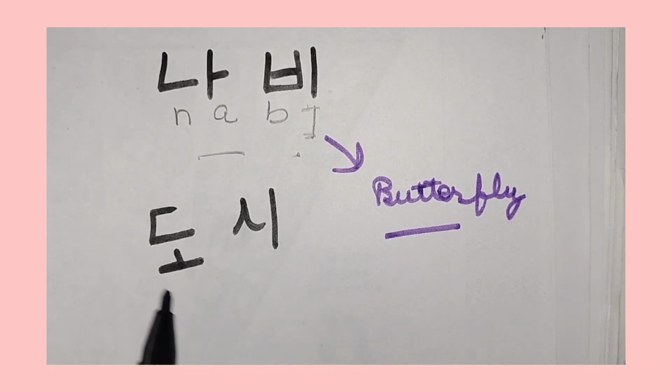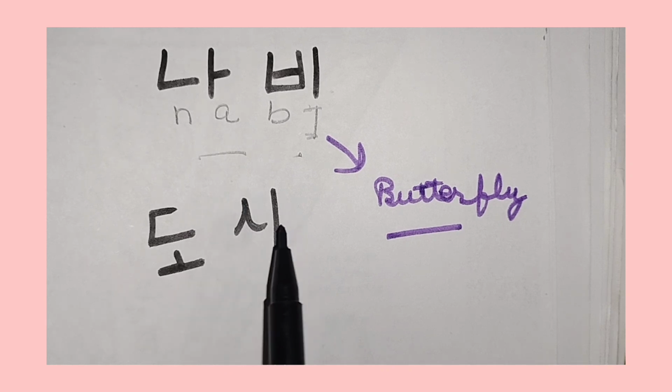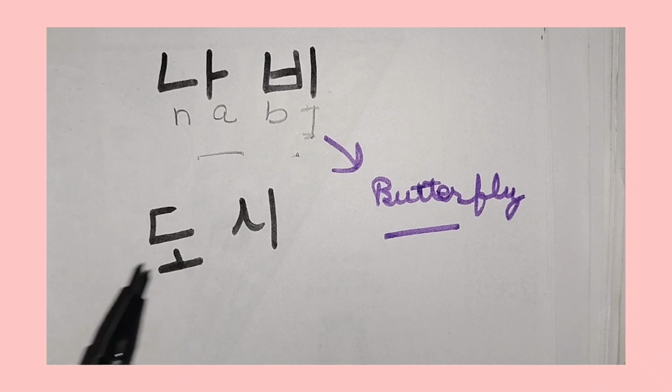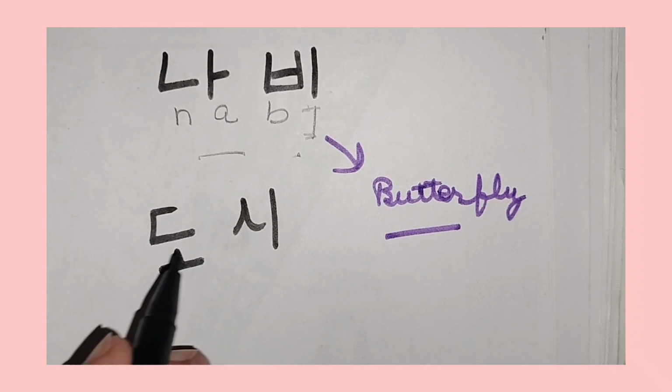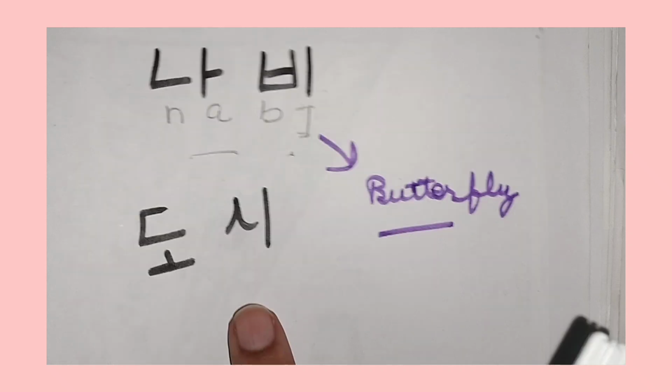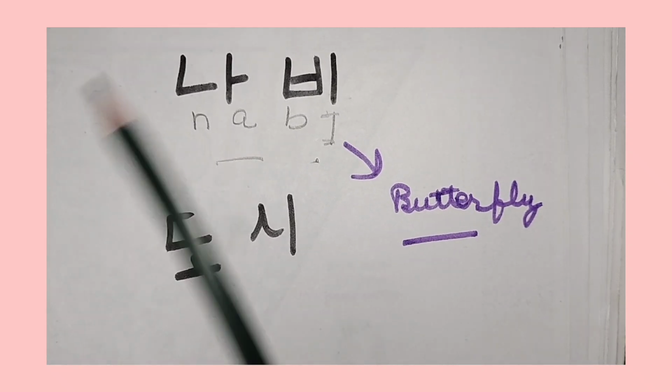In this one, as I told you before, there are two ways: a consonant and then a vowel after the consonant, or a vowel under the consonant. So this is the second way. Let's read it.